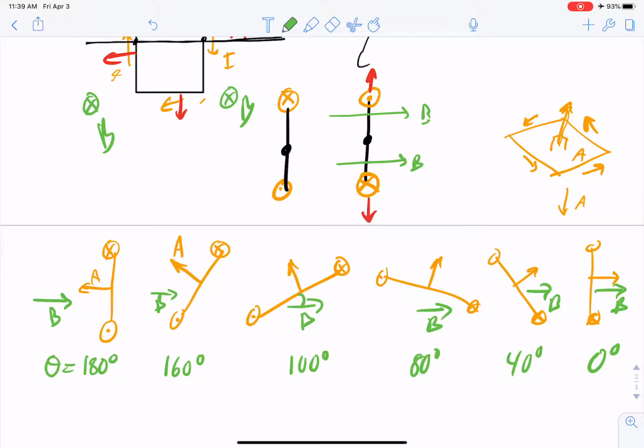So this is, oops, we're talking about this angle between the two. The angle between the direction of the area and the magnetic field.